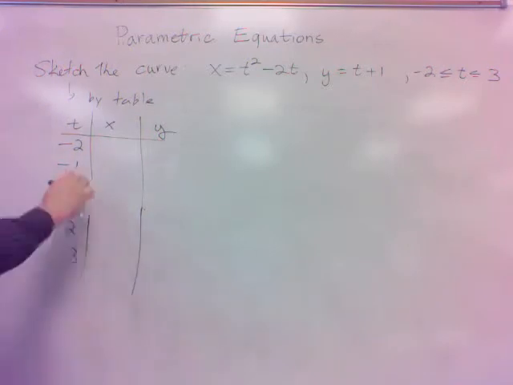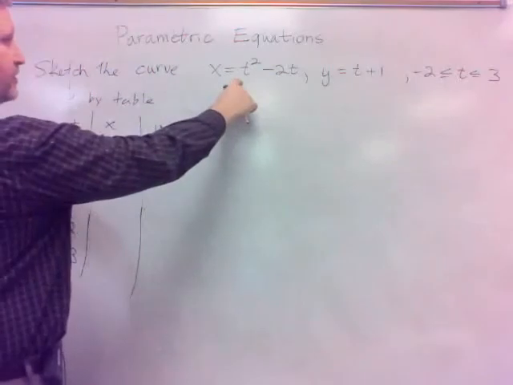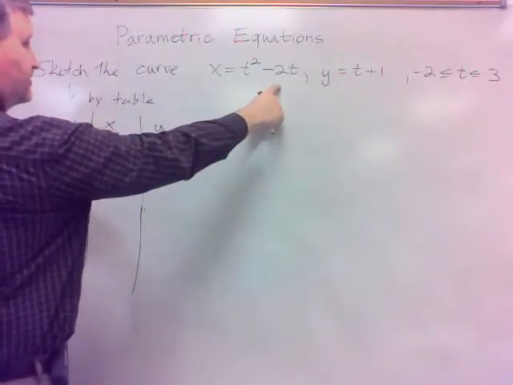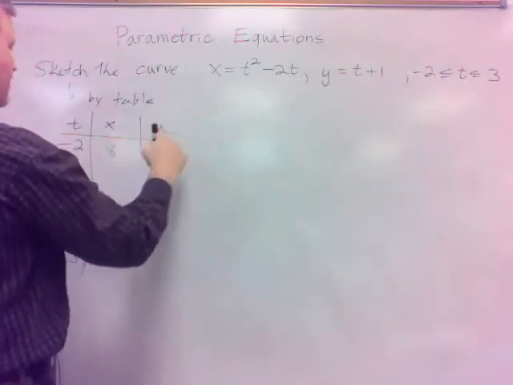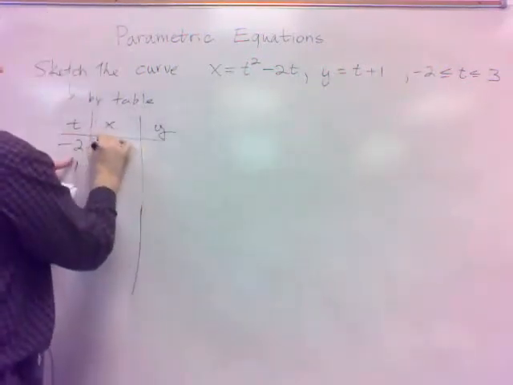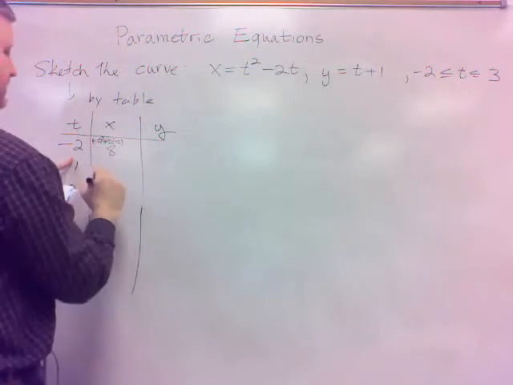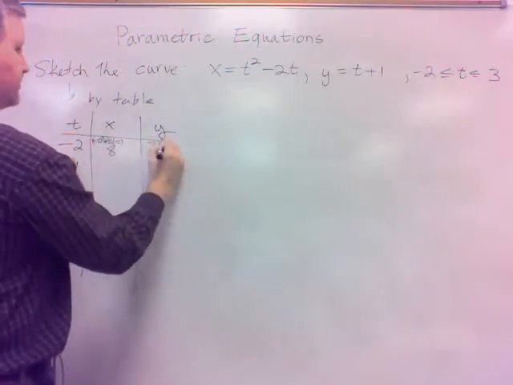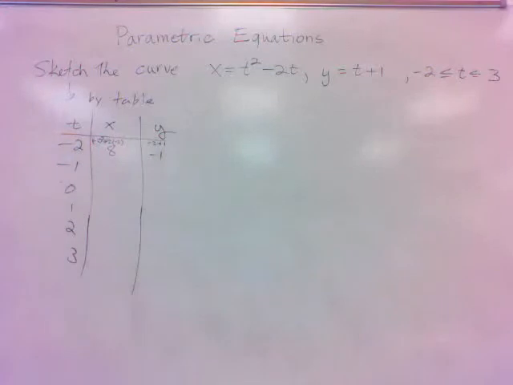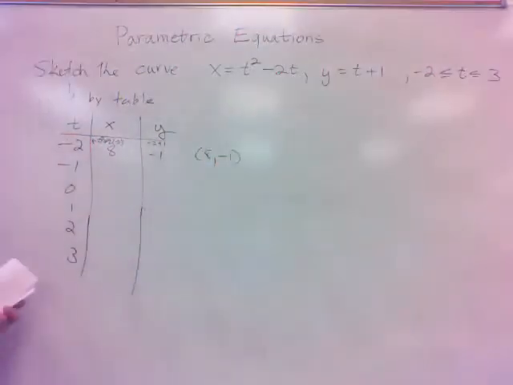If t is -2, what do we get for x and y? Well, x would be 4 plus 4, which is 8. And y would be -2 plus 1, so that's -1. That will give me the point (8, -1). That's all we're doing. We're just plugging in t values instead of x values or y values.